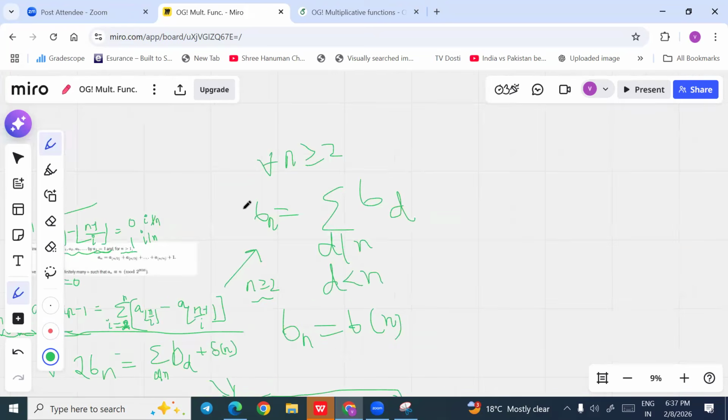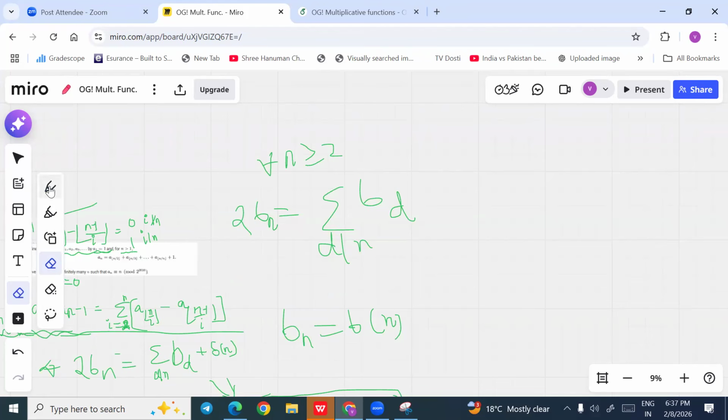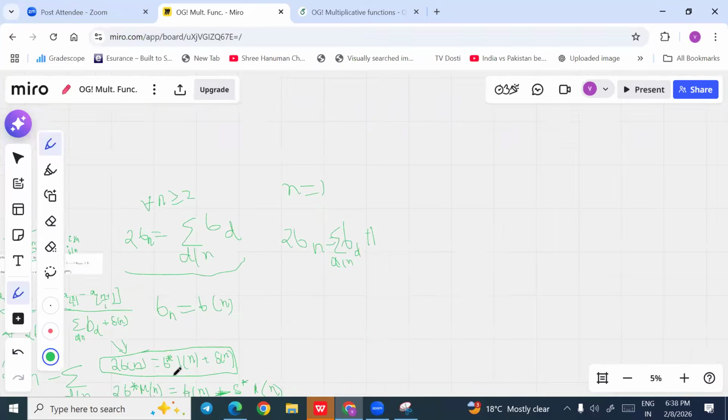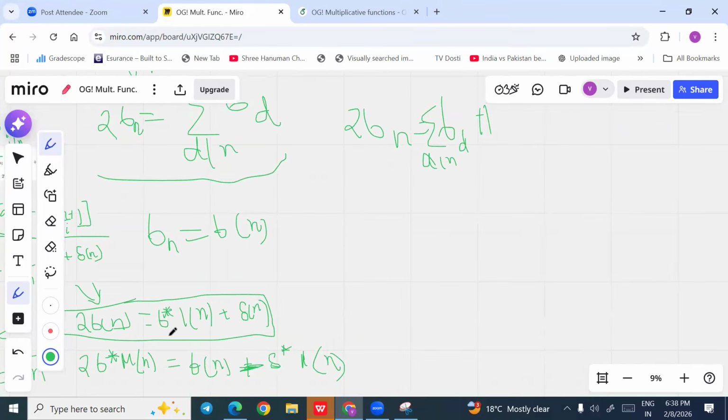So you apparently just add bn to both sides to just get this. This is for all n greater than or equal to 2. But n equal to 1 just does not accept this, and we unfortunately have to add a 1 for that. So for n equal to 1, I'll actually have to add a 1. So to adjust for all n in general, I'll just add a delta n to this relation.